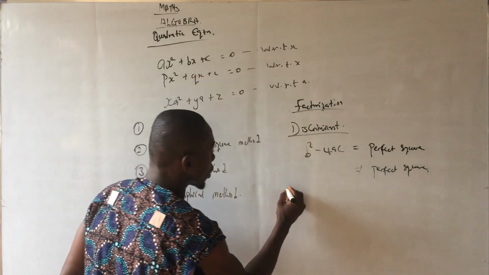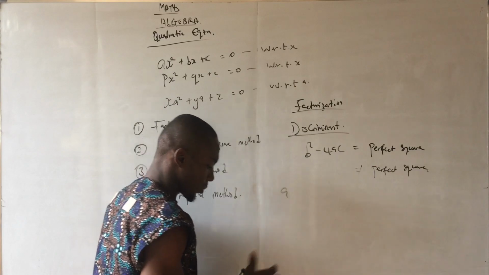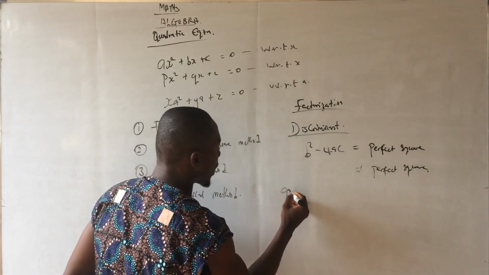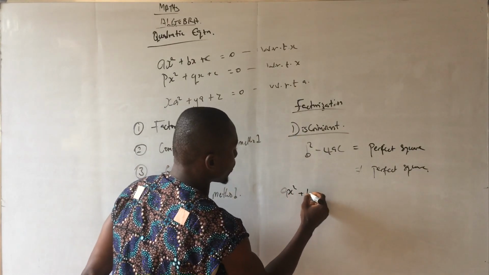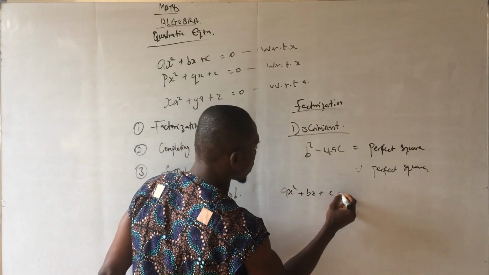Now, factorizing a quadratic equation, maybe we have ax squared plus bx plus c equal to 0.